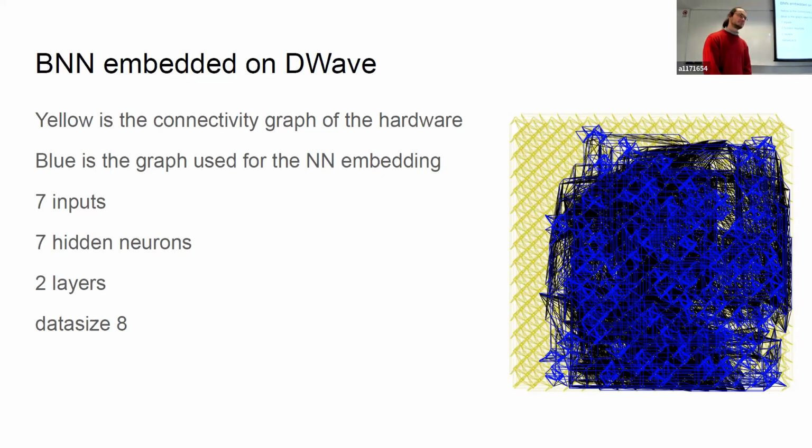And how many operations can you run in one go this way? So the limitation is the size of a quantum annealer is relatively small, a few thousand bits. In practice with this approach you can embed a network of this kind of size: 7 inputs, 7 hidden neurons, 2 layers, data size of 8.